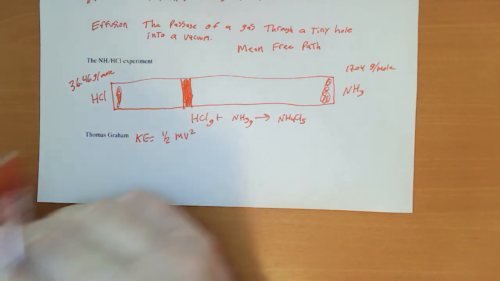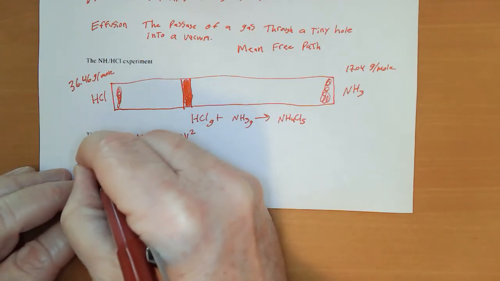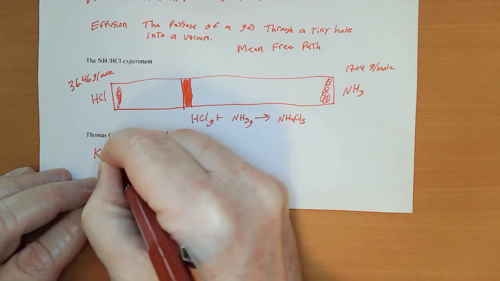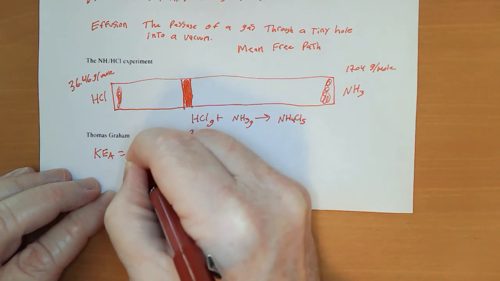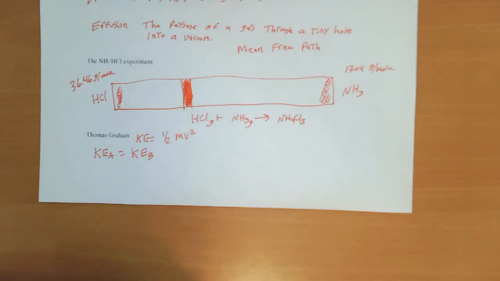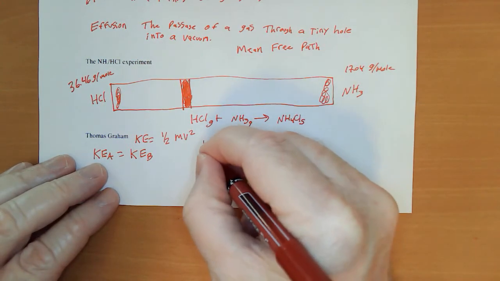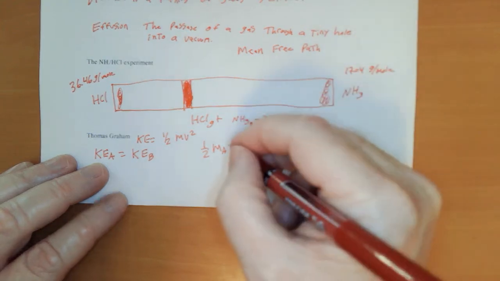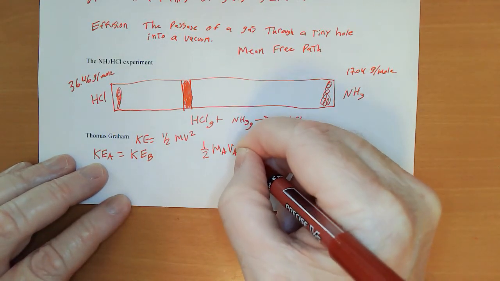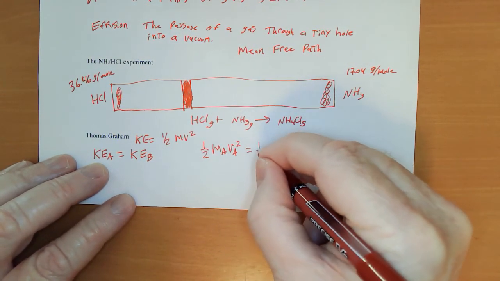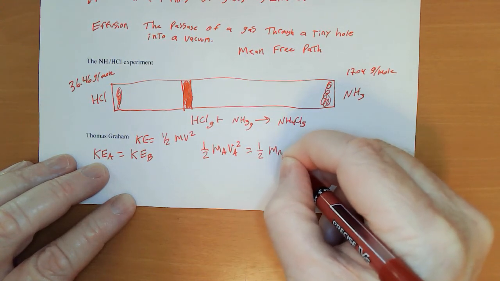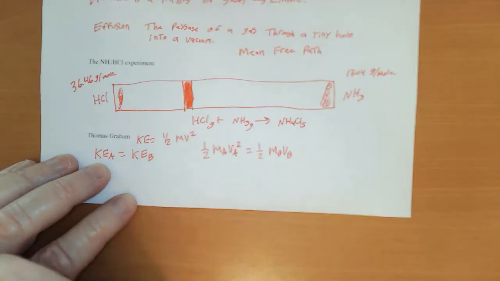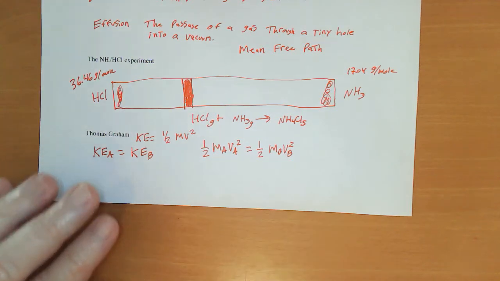So, if I have two gases at the same temperature, the kinetic energy of gas A will equal the kinetic energy of gas B, which means 1/2 the mass of gas A, its molar mass, times the velocity of A squared will equal 1/2 the mass of gas B times the velocity of gas B squared.